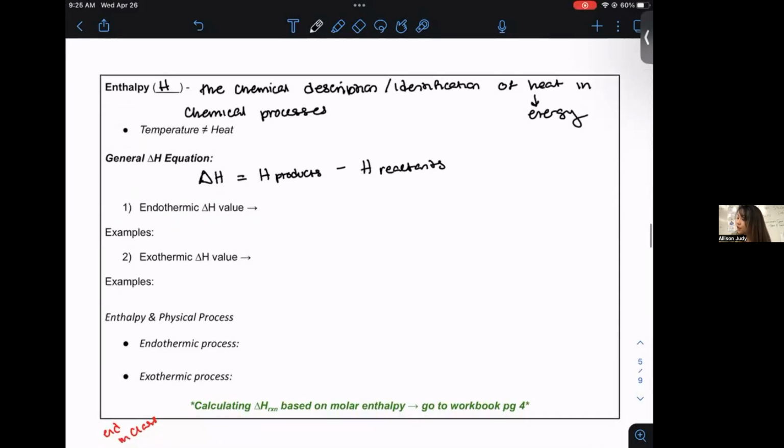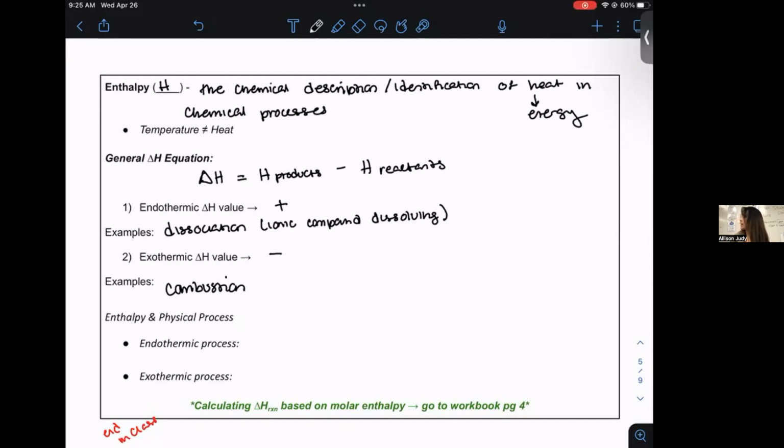Obviously, if you're endothermic, you have a positive enthalpy value. An example of endothermic reactions is dissociation, the dissolving of an ionic compound. Exothermic is always negative. Examples: combustion is your main one, hands down guaranteed. Combustion is always going to be exothermic.